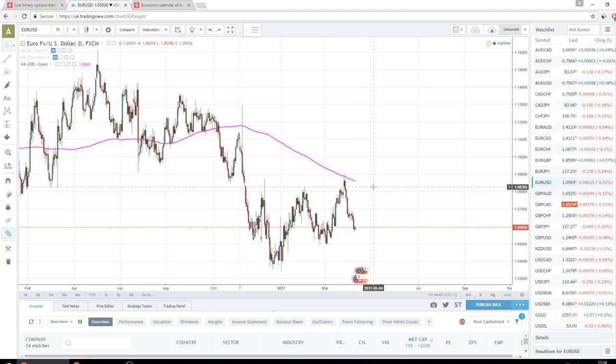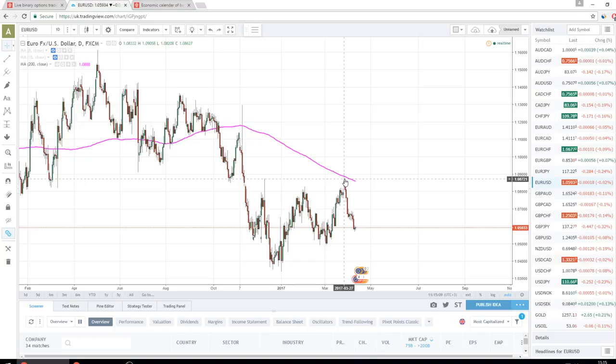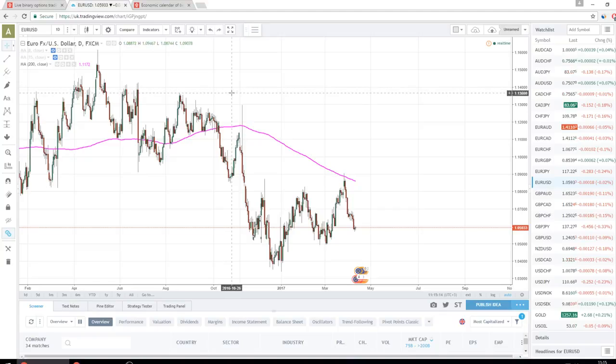So basically when the price of the asset approaches the moving average, we can make an assumption that there is a pretty high probability that the price will jump off the moving average and bounce back. As it happened here, the price reached the moving average, it reflected. So basically we could open trades on the long-term prospect.